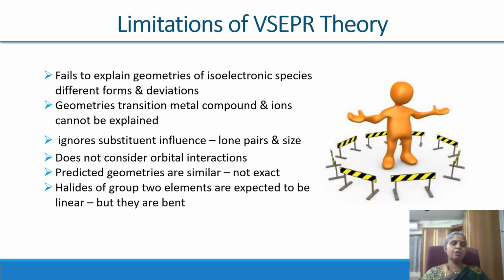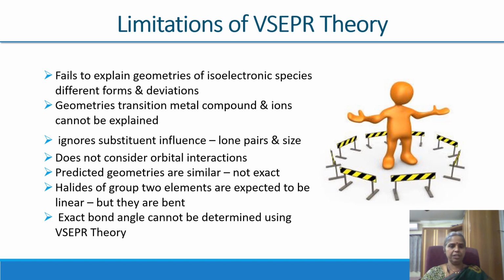And one final drawback is that halides of group 2, the alkaline earth metals, are supposed to be linear, but they are bent. Despite the central atom not having lone pairs in the valence shell, these molecules are bent, which could not be accounted for by the VSEPR theory.